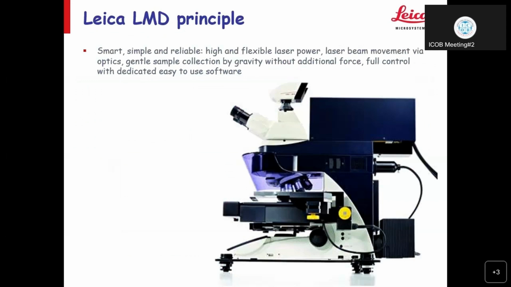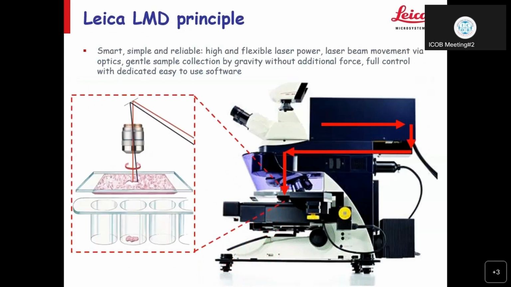And what is the LMD principle? It is very easy. Leica laser microdissection is equipped with an additional laser axis to focus the laser beam through the objective to the LMD slide where the sample is placed.